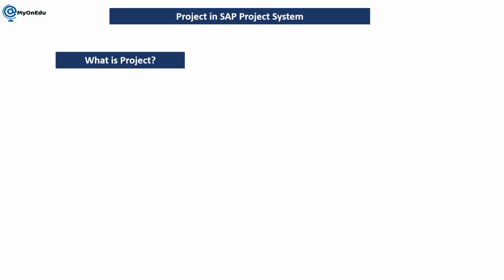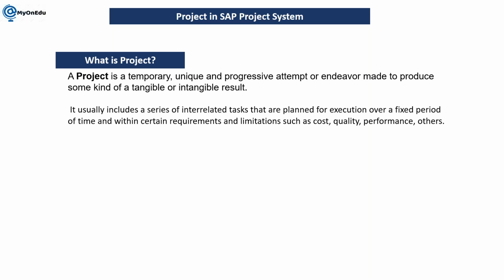There is one typical definition for the project. A project is a temporary, unique, and progressive attempt or endeavor made to produce some kind of tangible or intangible result. It usually includes a series of interrelated tasks that are planned for execution over a fixed period of time and within certain requirements and limitations such as cost, quality, performance, and others.